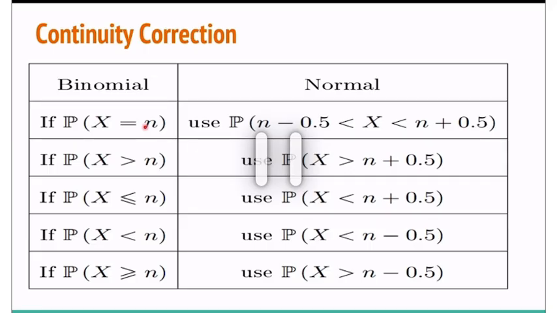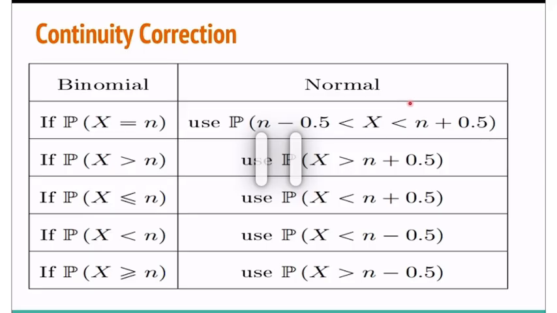Because of that, if I want to use normal, I'm going to subtract 0.5 from that particular variable, then add 0.5. Then I'm going to find the probability that the random variable lies between the lower bound and the upper bound.